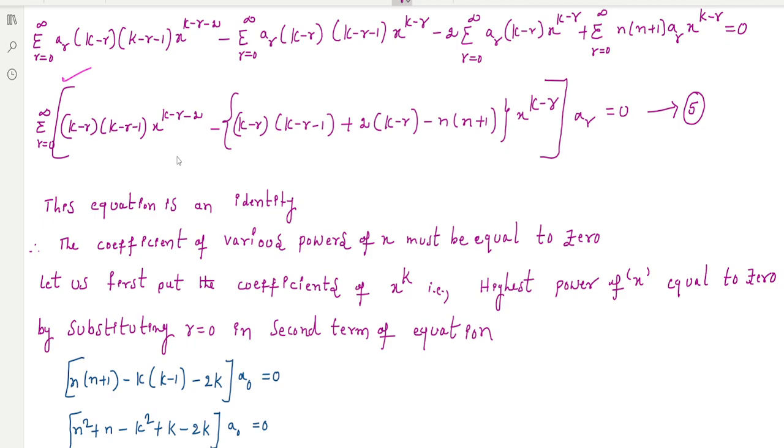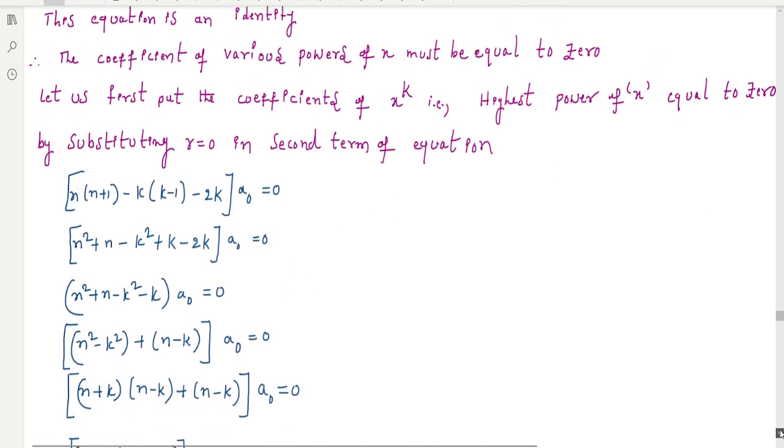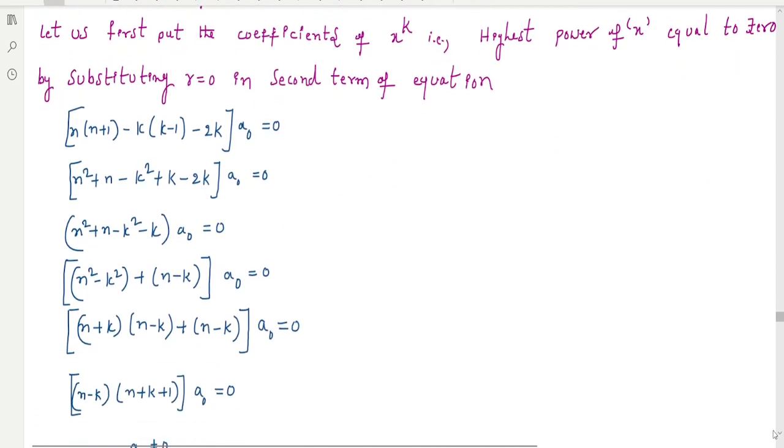So this is our x power k coefficient. You use r equal to 1 like that. So if you use r equal to 0 in equation number 5, you will get this x power k coefficient term.